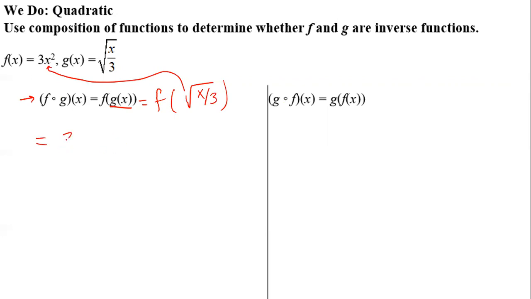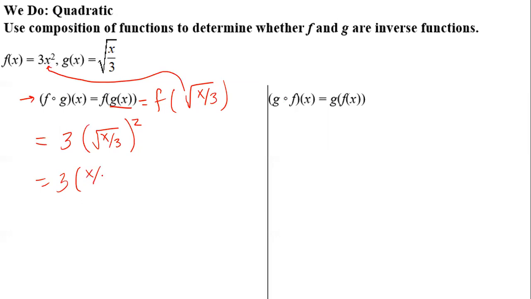So this equals 3 parentheses square root x divided by 3 squared. 3 times, what does squaring a square root do? It gets rid of it, right? It's its inverse, so it goes away.